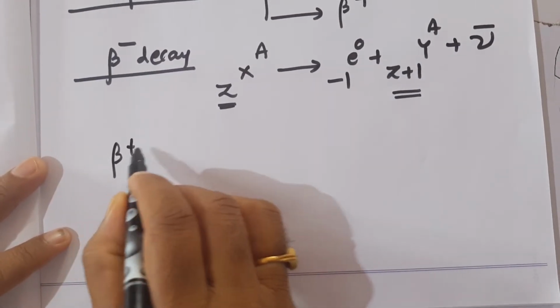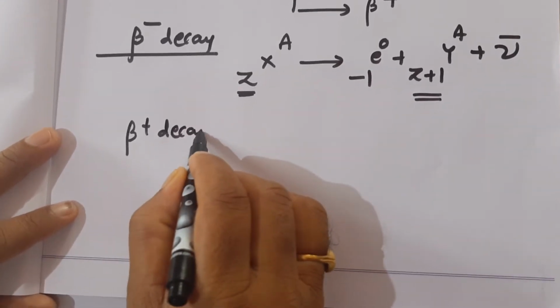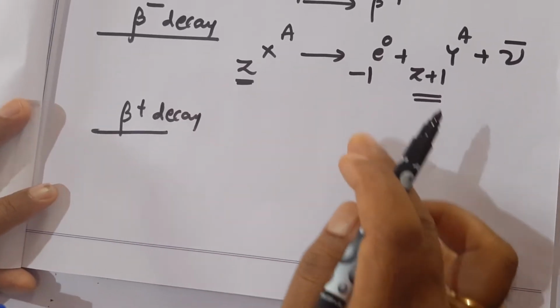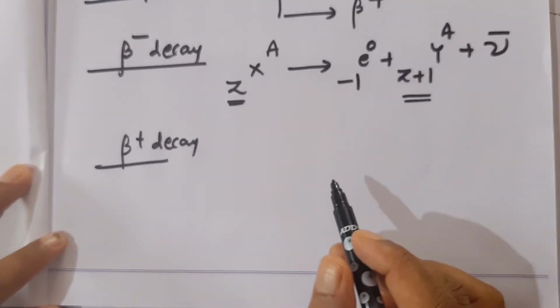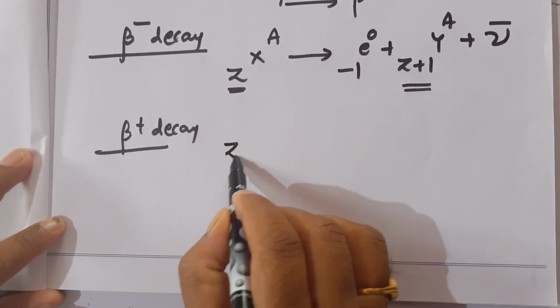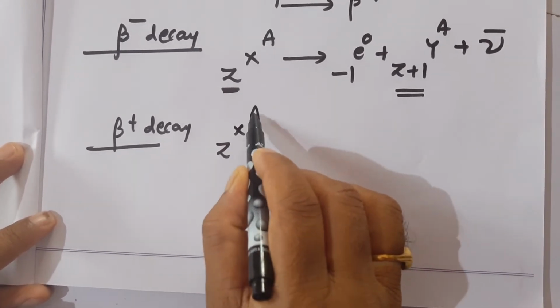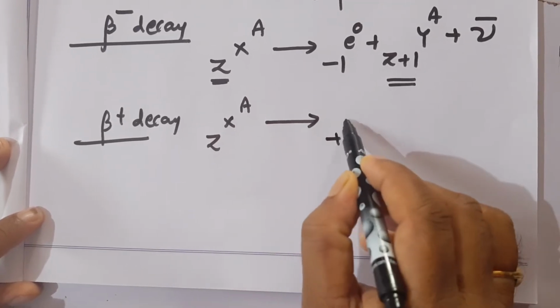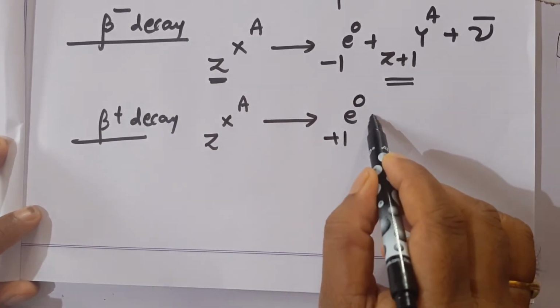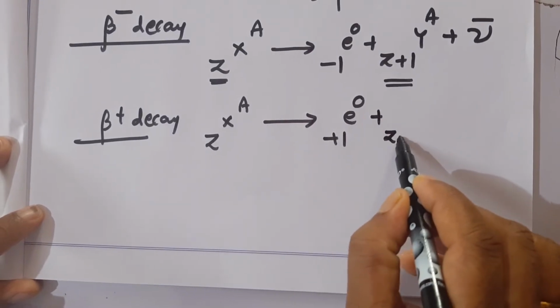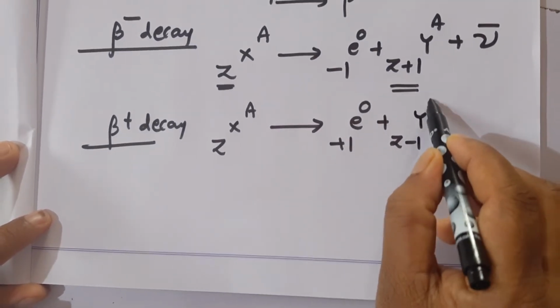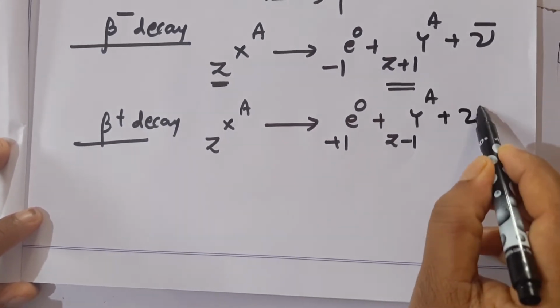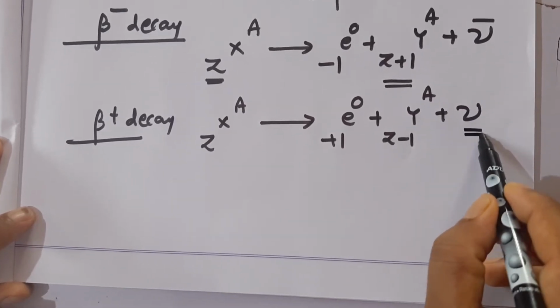The second type of beta decay is beta plus decay. Here, instead of an electron, a positron will be emitted. This reaction can be represented as ZXA gives rise to a positron, denoted as plus 1 e 0, plus Z minus 1 YA plus neutrino. Here nu is the neutrino.